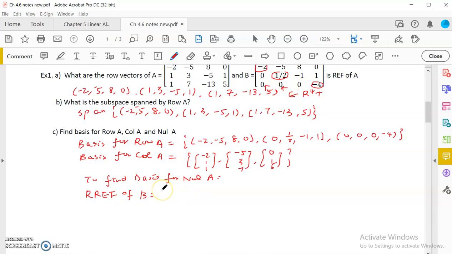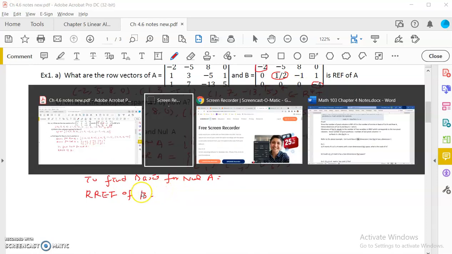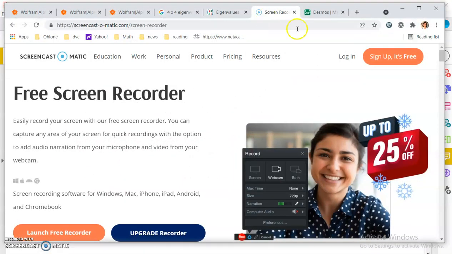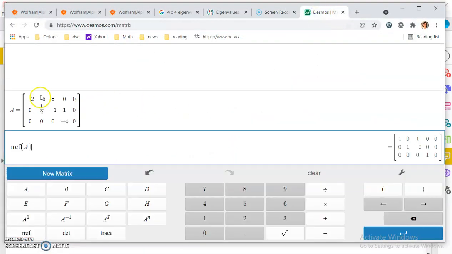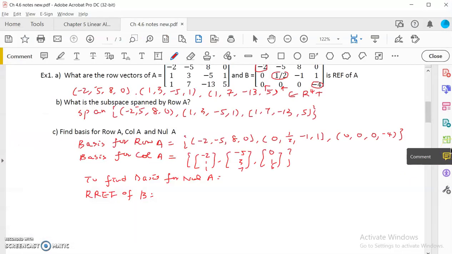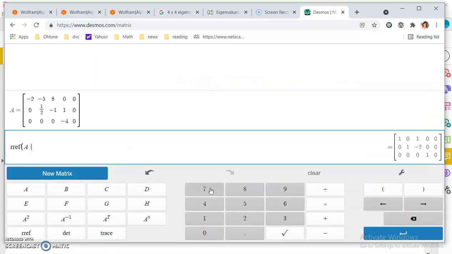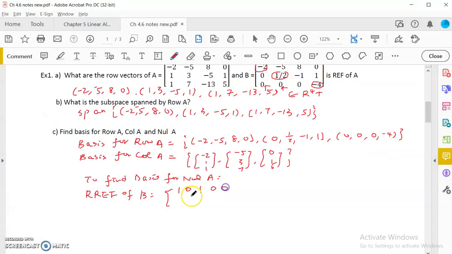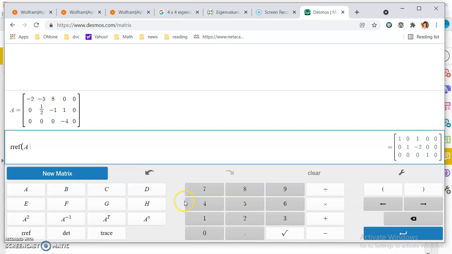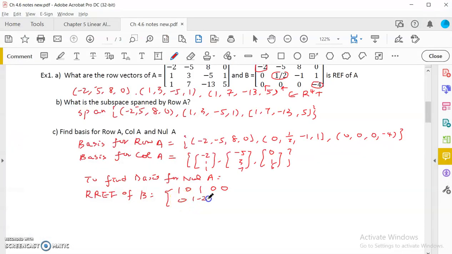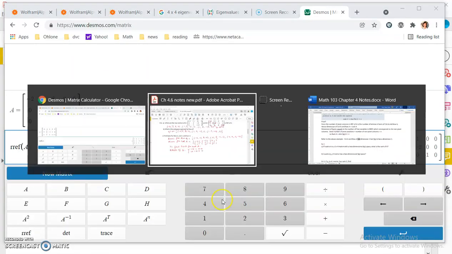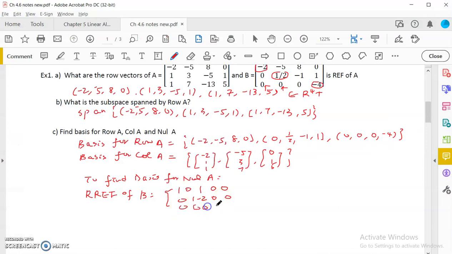So RREF of B, I have it in a decimal calculator. I put this over here. This is actually B, but it's labeled as A, so it's 1, 0, 1, 0, 0. 1, 0, 1, 0, 0. The next row is 0, 1, negative 2, negative 2, 0, 0. The last one is 0, 0, 1, 0.